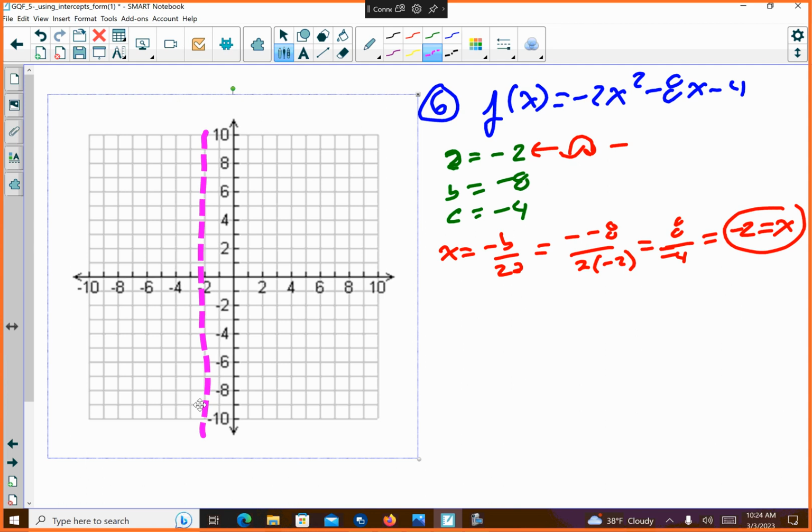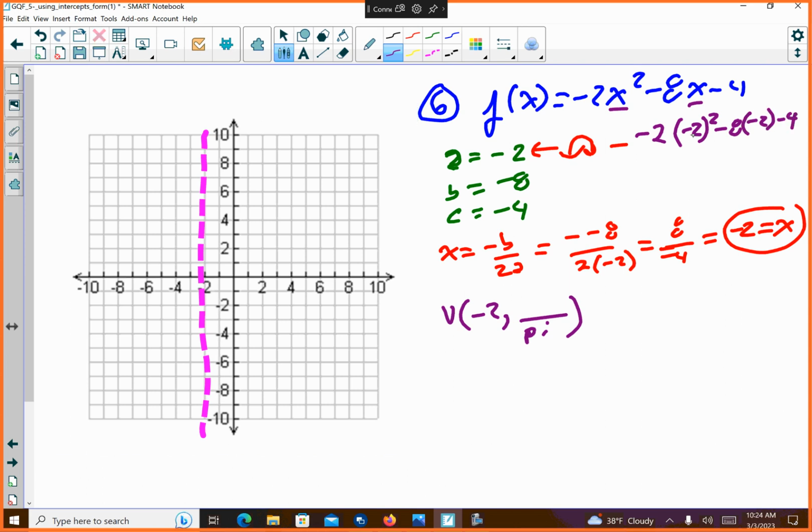Right there. Okay. I can find my vertex because my vertex is going to give me negative 2 comma PI, plug in. So I'm going to plug in here and here. So I get negative 2 squared minus 8 times negative 2 minus 4.